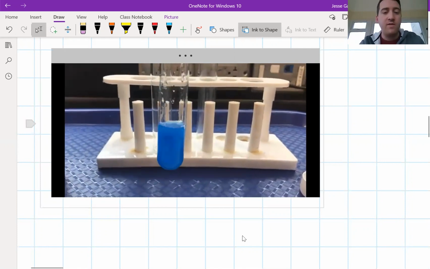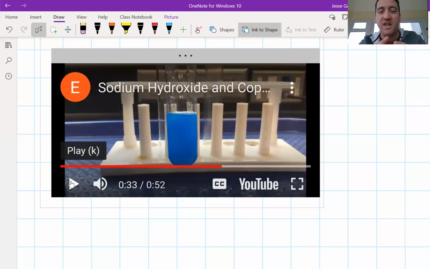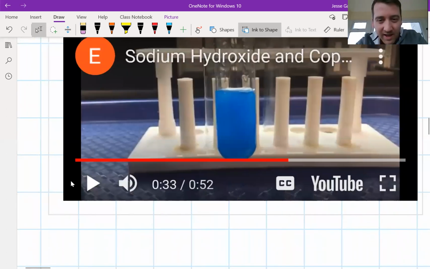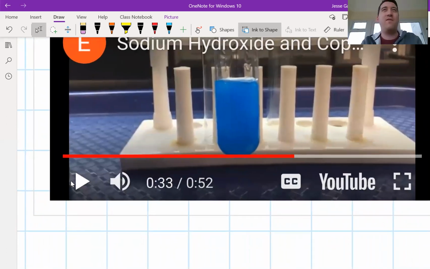Okay, so what we've started is we now have a darker mixture, a darker blue. It's a much deeper blue than the copper sulfate solution. And I'm trying to zoom in as much as I can. It's a little bit hard to see, but we're actually forming a solid substance in here that's not soluble anymore. So when I said the copper sulfate solution was clear blue, it was blue and it was completely see-through.